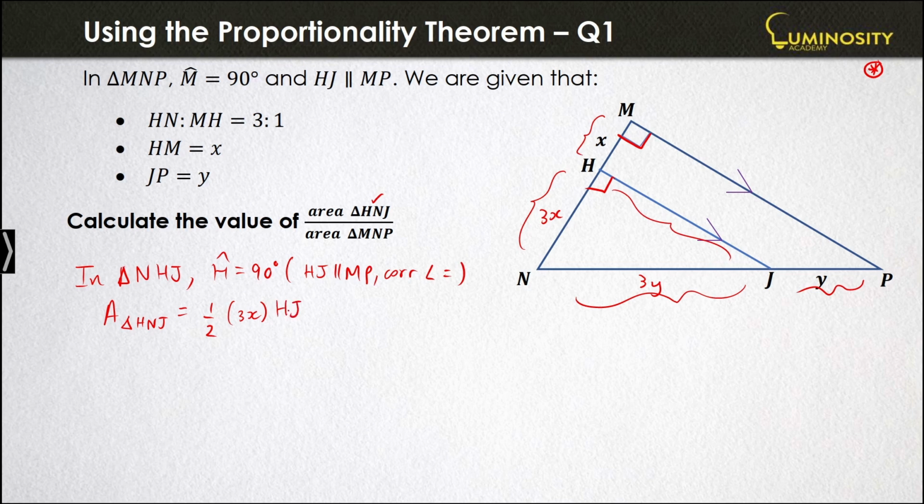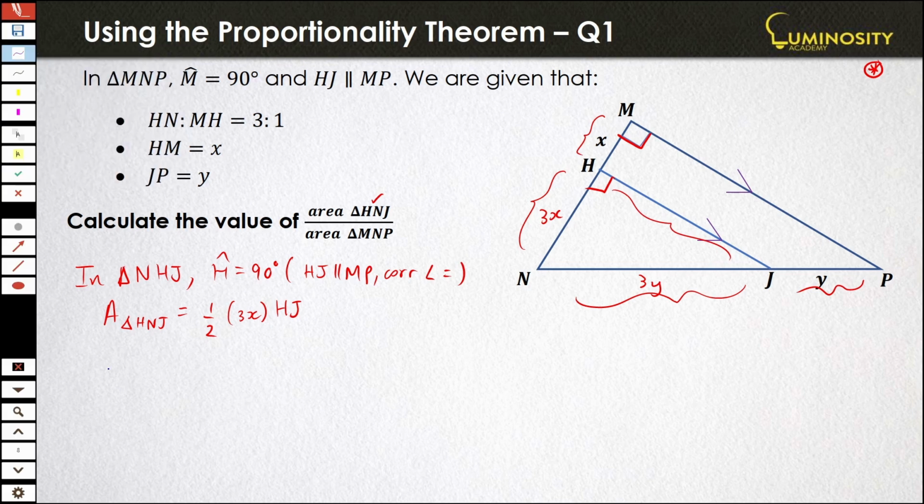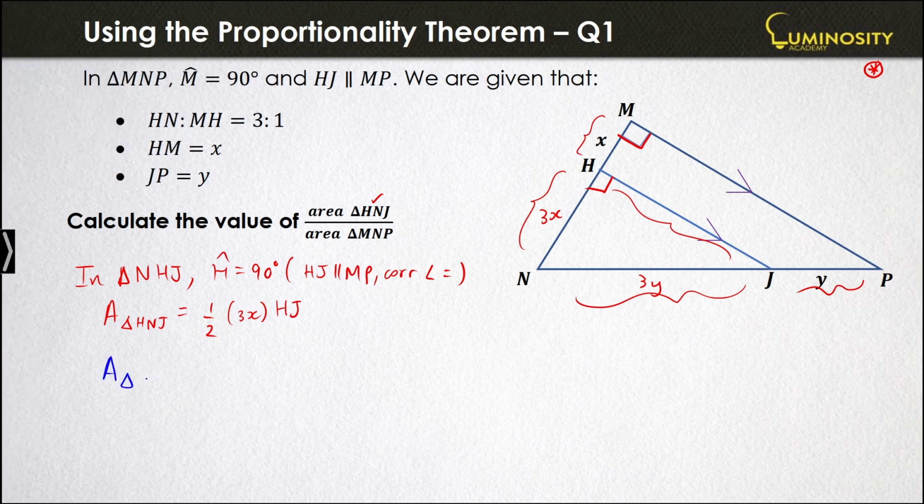And then the area of the larger triangle MNP is going to be half times the base, which in this case is 3x plus x, so that's 4x, times the perpendicular height, which in this case is MP.